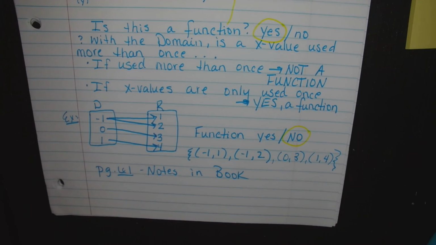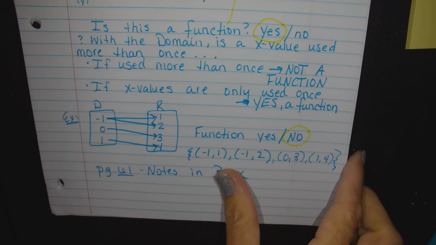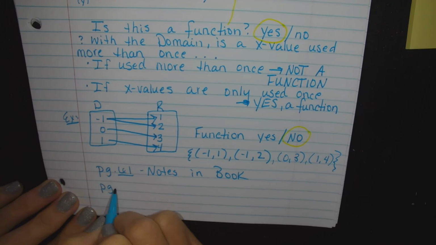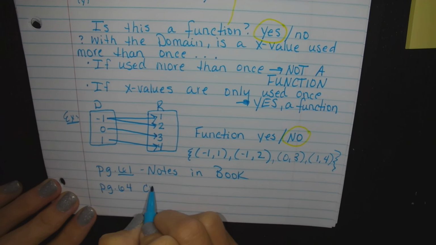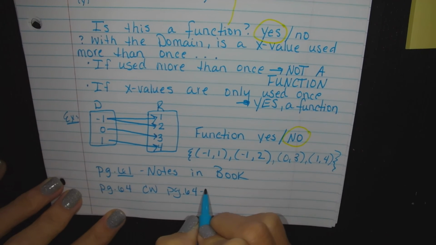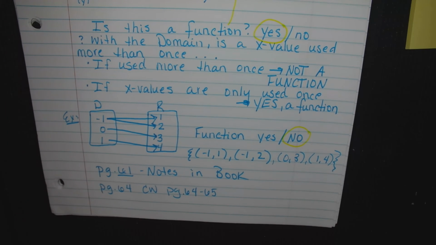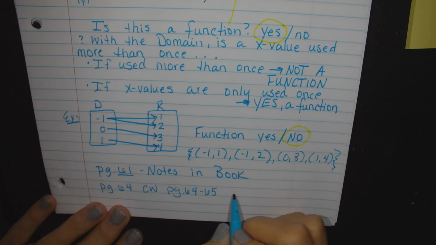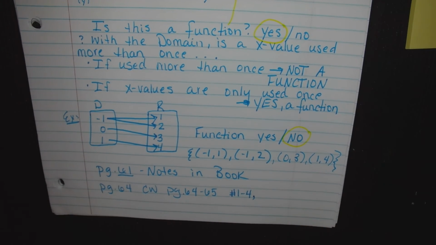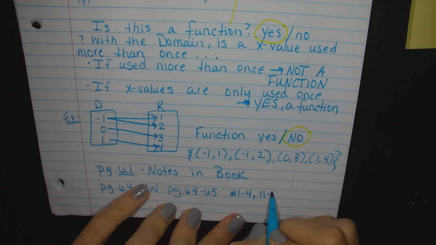Okay. Go to page 64. We can just do some classwork. Page 64, and I think it does go to 65. Super quick. 1 through 4, and then I think 11, 12, 13.